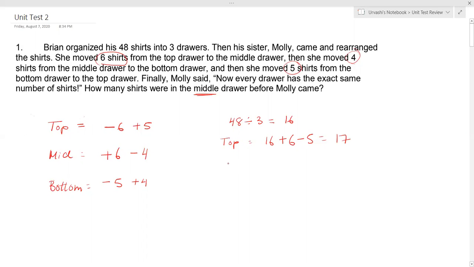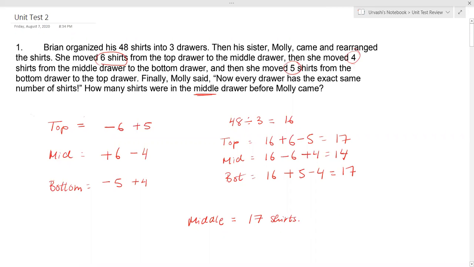All of the drawers are 16, and then 16 minus 5 plus 6 equals 17. So then 16, this middle shelf is 16 plus 4 equals 20, minus 6 equals 14.